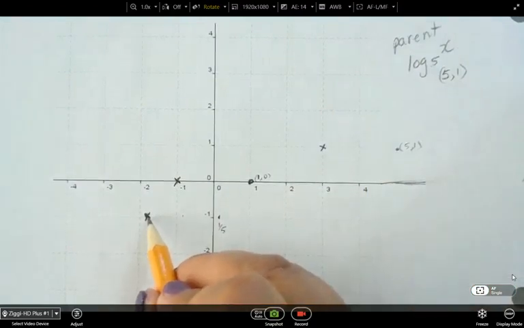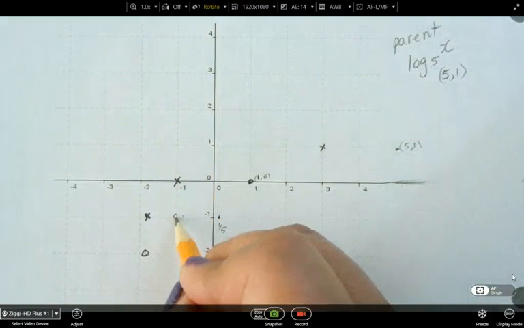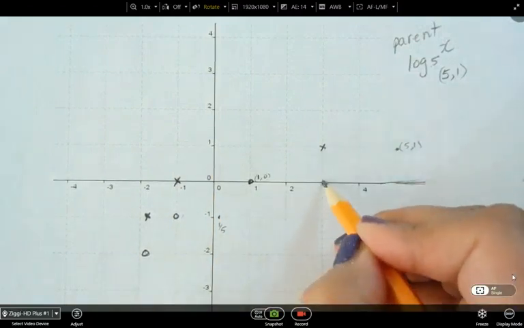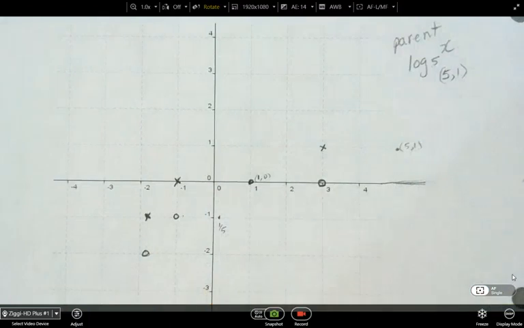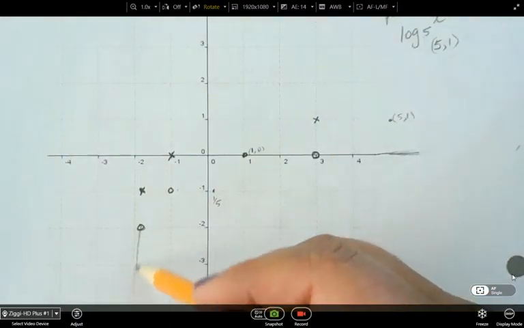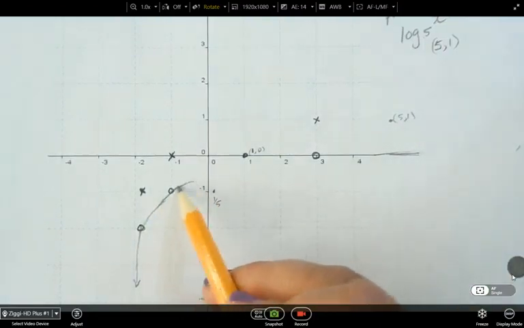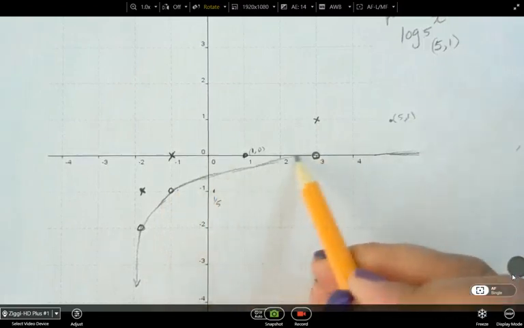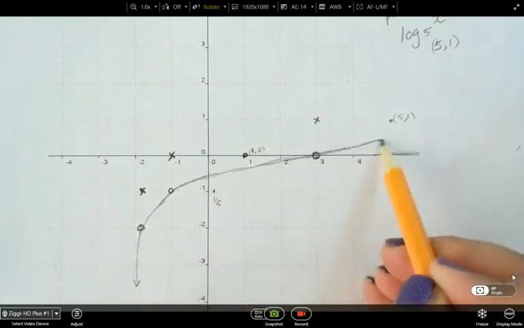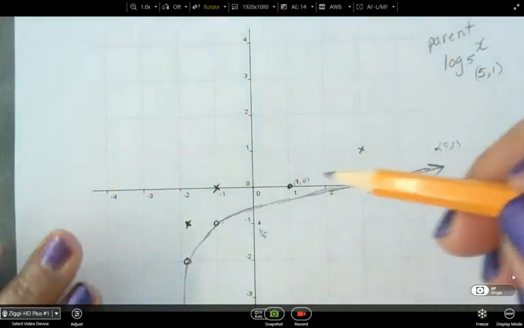Now I have to move 1 unit down. I haven't moved down yet, right? So down 1 to everything. So now I'm at my circles. Let's make sure we follow the pattern of what we need. It's going to go through right there. Okay, so where has my asymptote moved to now? x equals -2.